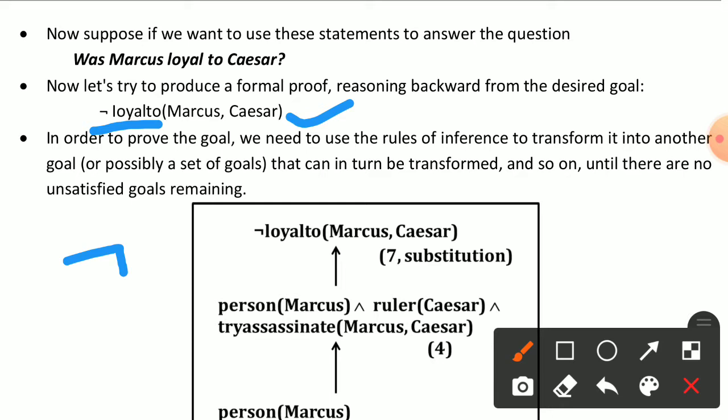In order to prove the goal, we need to use the rules of inference to transform it into another goal. So here we can follow the order and we can use the rules and we can find out the possible set of goals.